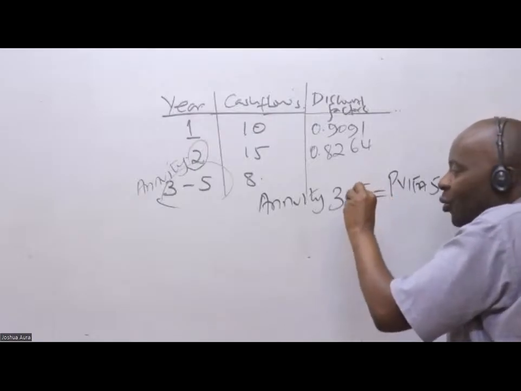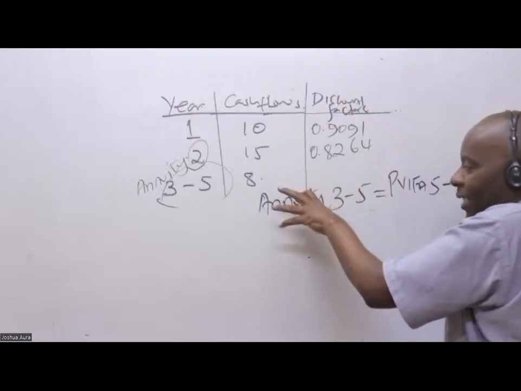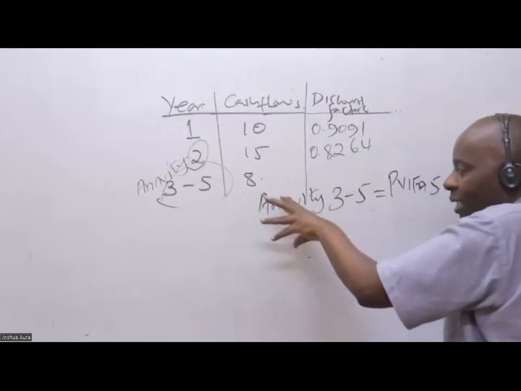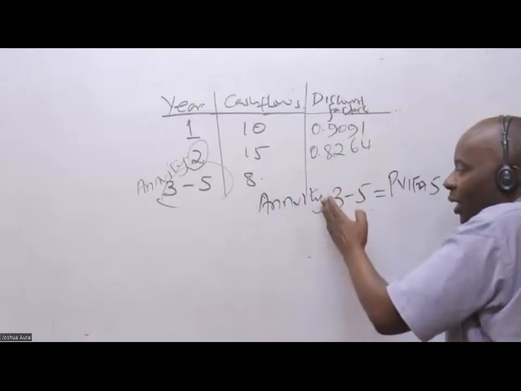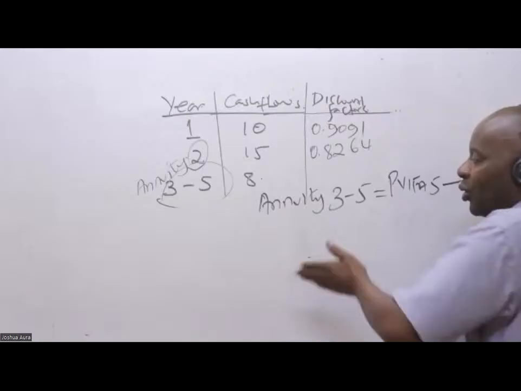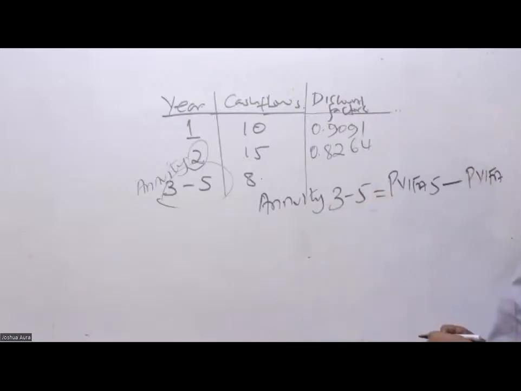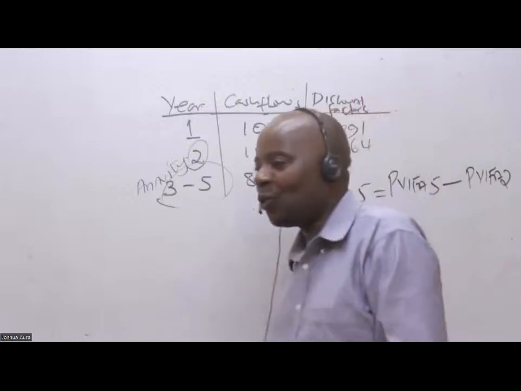If I'm able to see this with my inner eyes, there is a cut. There are years that are supposed to be cut, all the way up to year 2, because the wanted ones are 3 to 5. So I'll say minus PVIF year 2.